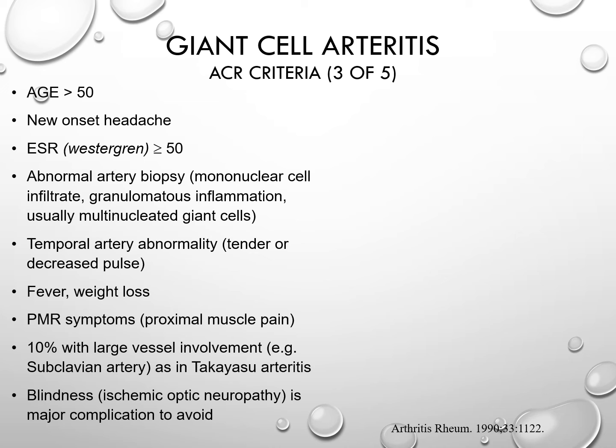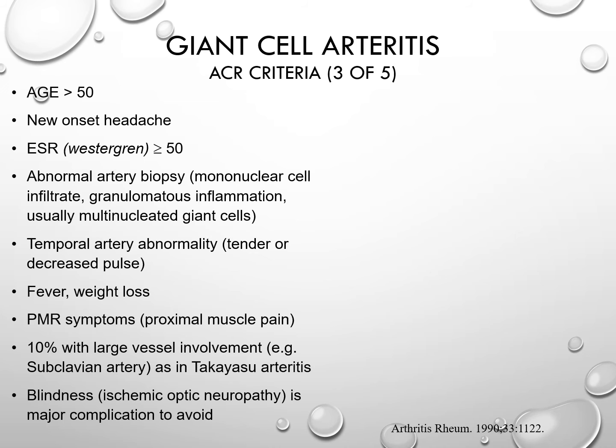Abnormal biopsy, mainly granulomatous with multinucleated giant cells, sometimes associated with constitutional manifestations and PMR. And don't forget that the most severe or major complication in those patients is related mainly to loss of vision and blindness.